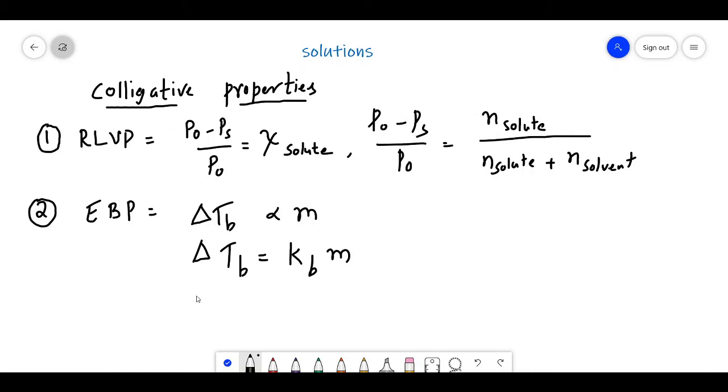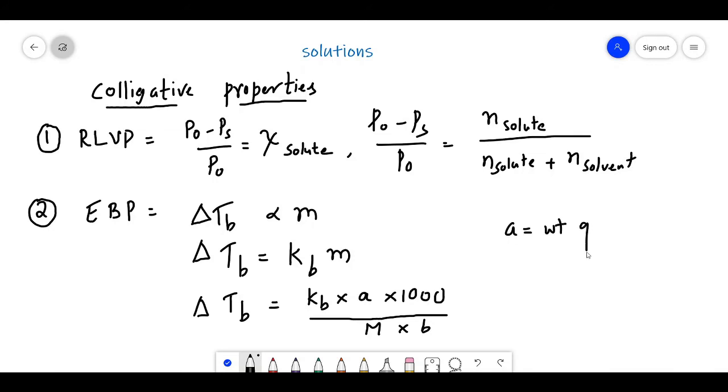We can also expand this molality. So you can write delta TB is equal to Kb into weight of solute, taken as A, into 1000 by molecular weight M into B. Here A represents the weight of solute and B represents the weight of solvent.